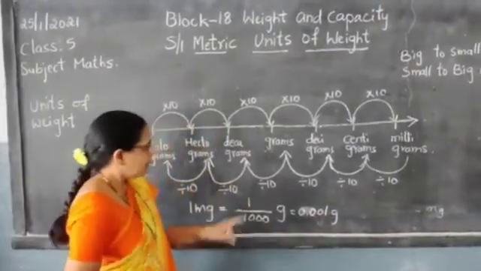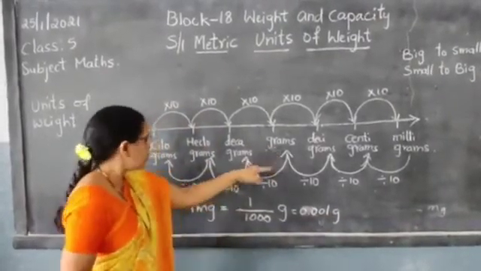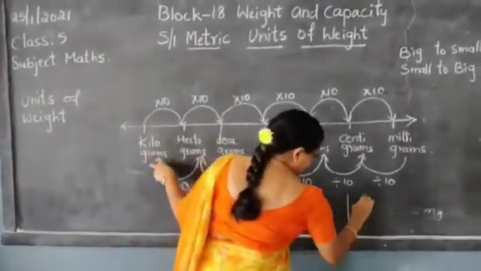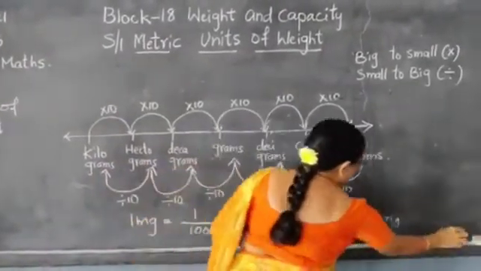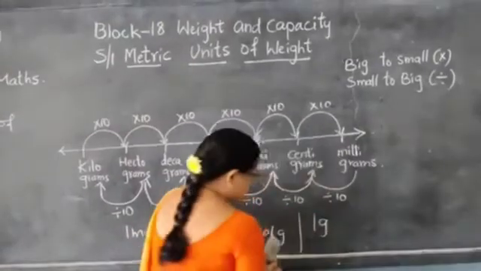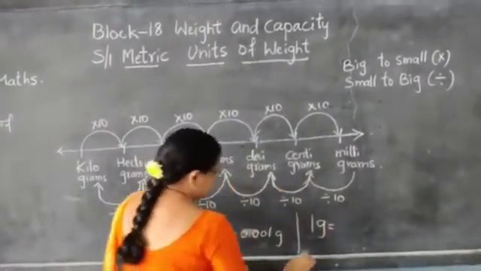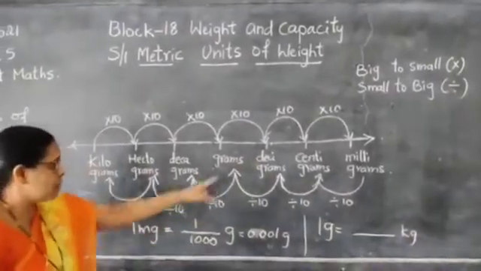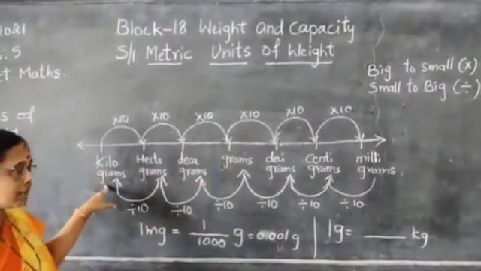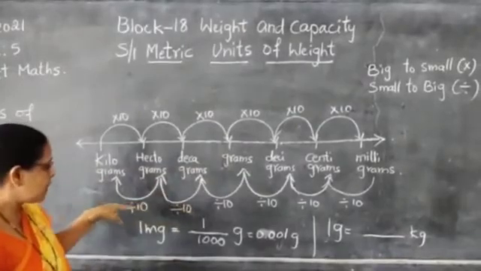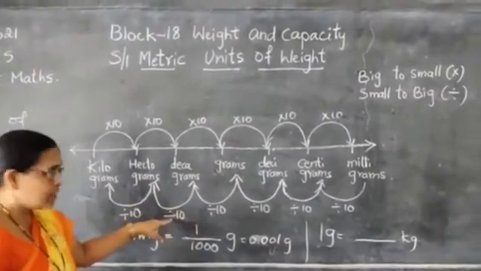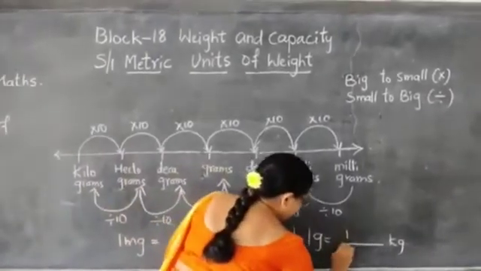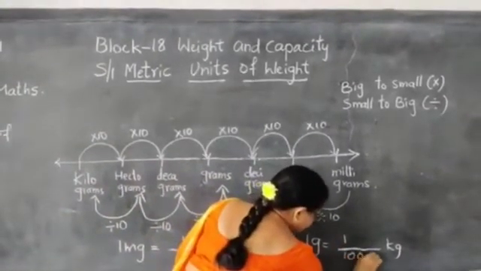1 milligram is equal to 0.001 grams. Now 1 gram is equal to how many kgs children? So you have to divide 3 times. 10 into 10, 100, 100 into 10, 1000. So 1 by 1000.